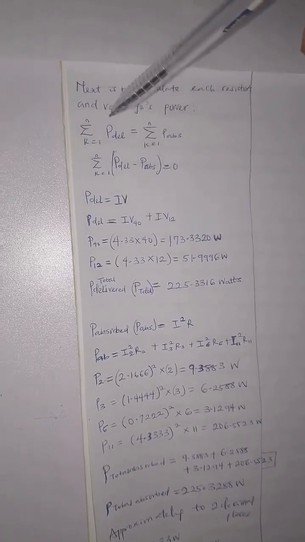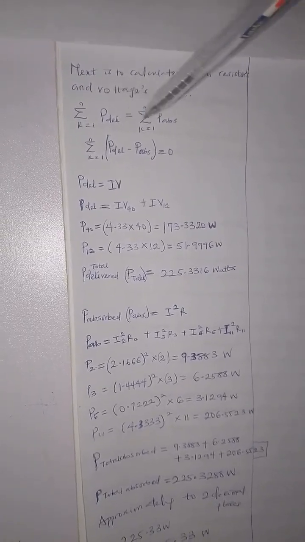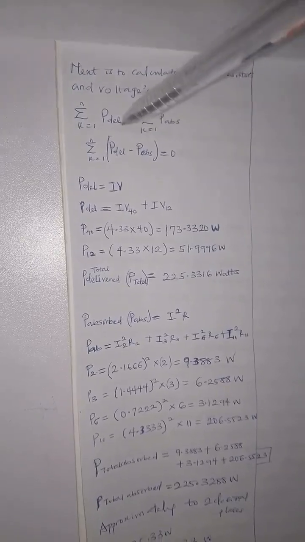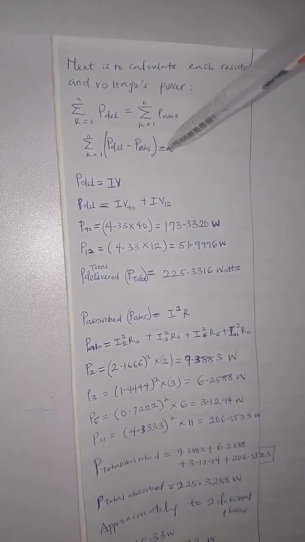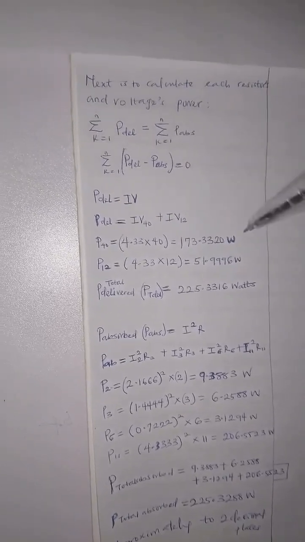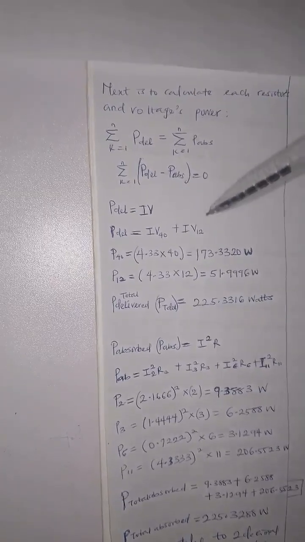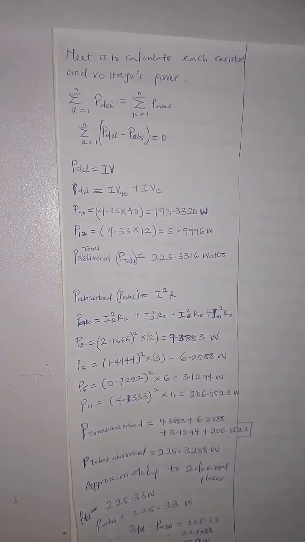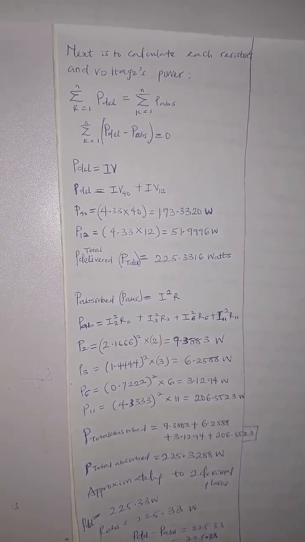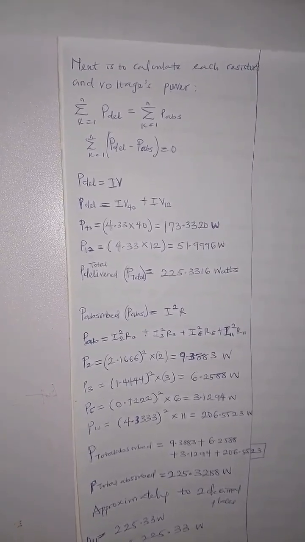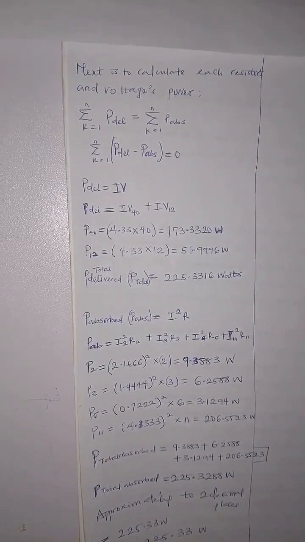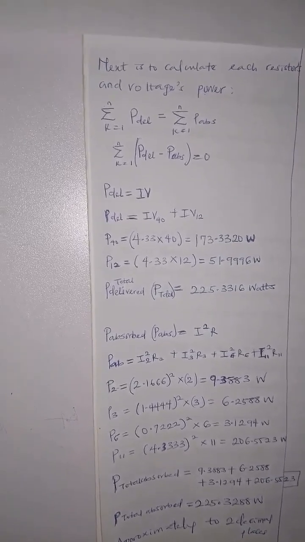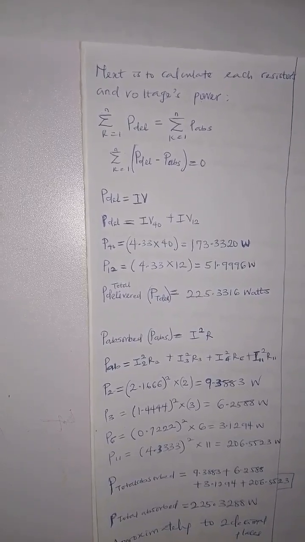The formula is: power developed equals power delivered equals power absorbed, and power delivered minus power absorbed must be equal to 0. You know Tellegen's theorem states that for a lumped network, the algebraic sum of the instantaneous power in all the branches at any instant is 0.